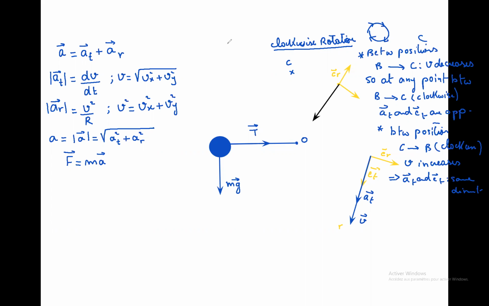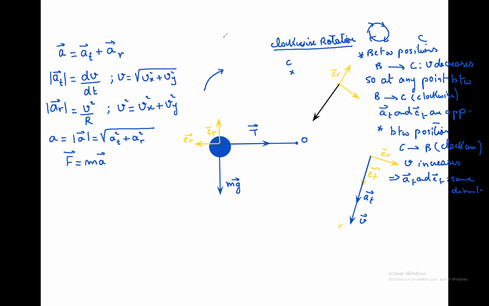And let's draw, the motion is clockwise, okay? The motion is clockwise. And here, let's draw E tangent. We said it's opposite to the position of O, and E tangent has the same direction with the velocity. So here we have E tangent, and here we have ER, okay?